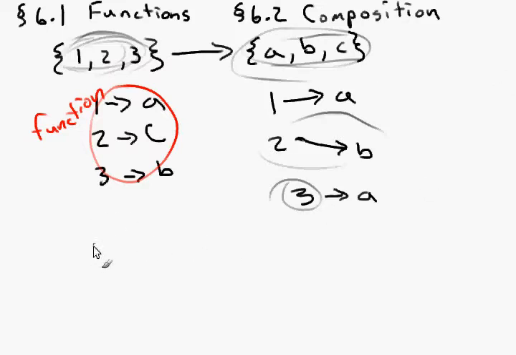Now, as far as notation is concerned, let's take a look at our example function. We have f of x is equal to x squared minus 16. And this is the other way that we could define a function. We could do it with an algebraic representation.